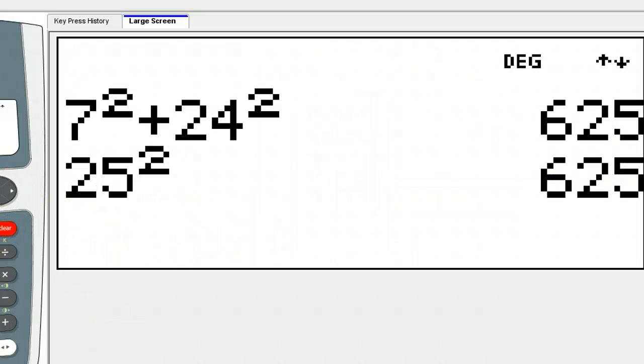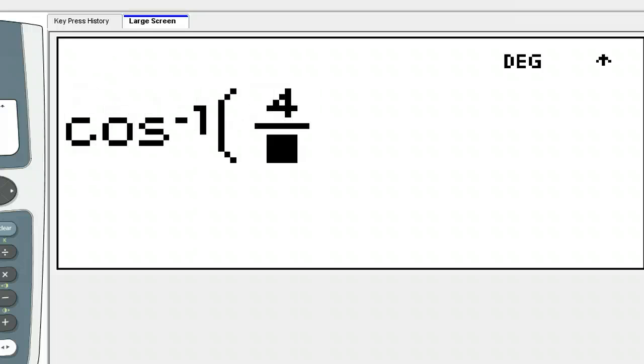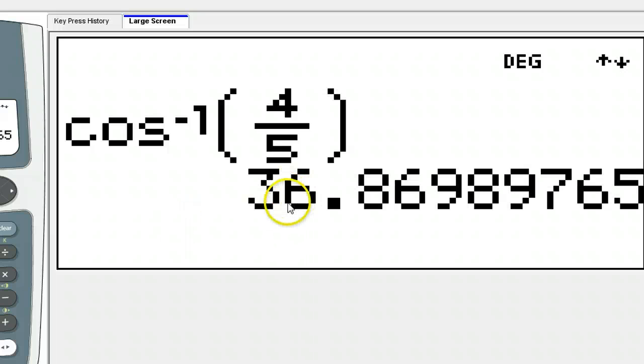So don't forget your trigonometry, I guess, because you never know when it's going to show up. Okay, so I will do inverse cosine of 4 over 5. That gives me 36.87 degrees.